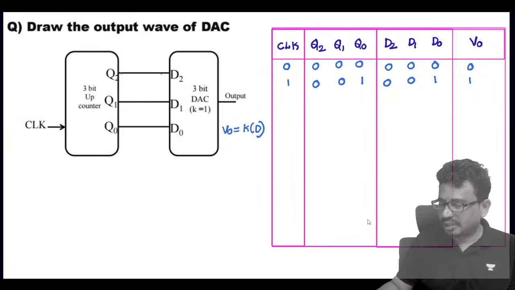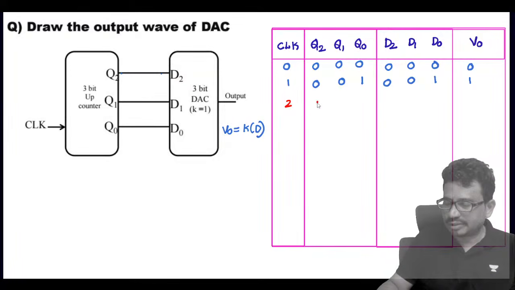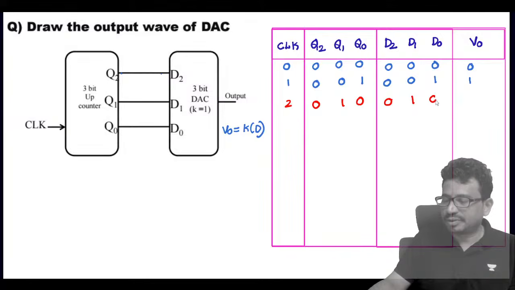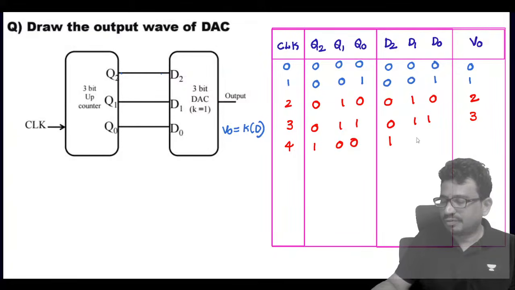Right. And now let us say the second clock. This is 0, 1, 0, which will come to be 2. Next, the third clock, 0, 1, 1, so this is 3. And the fourth clock, 1, 0, 0, will come as 4. Fifth clock, 1, 0, 1, will come as 5.